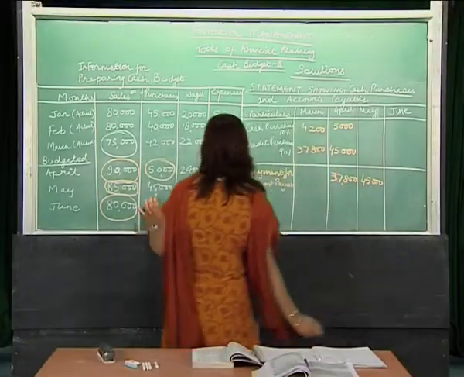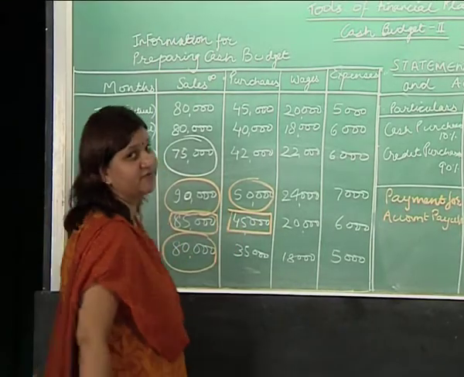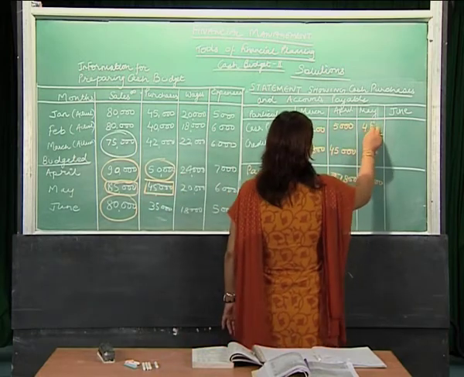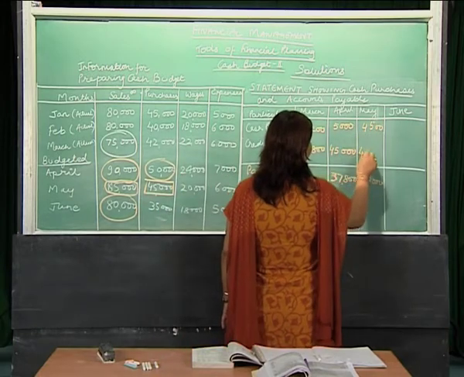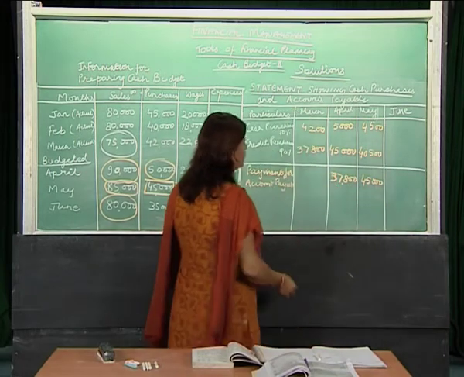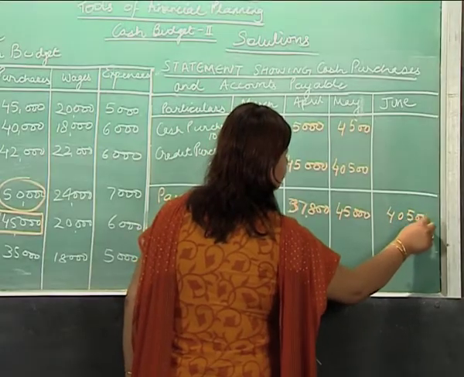Now for the month of May, we have the figure of purchases as 45,000. So 4,500 shall be the cash purchases and 40,500 will be the credit purchases, which shall be paid off in the month of June.